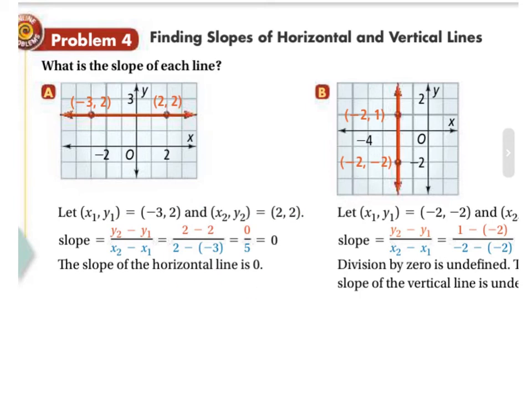A perfectly vertical line, again 2 points there, -2, 1, -2, -2, plug them into our formula, and we end up with division by 0, right? Not possible. So that means that it's undefined. So again, perfectly horizontal 0, perfectly vertical undefined.